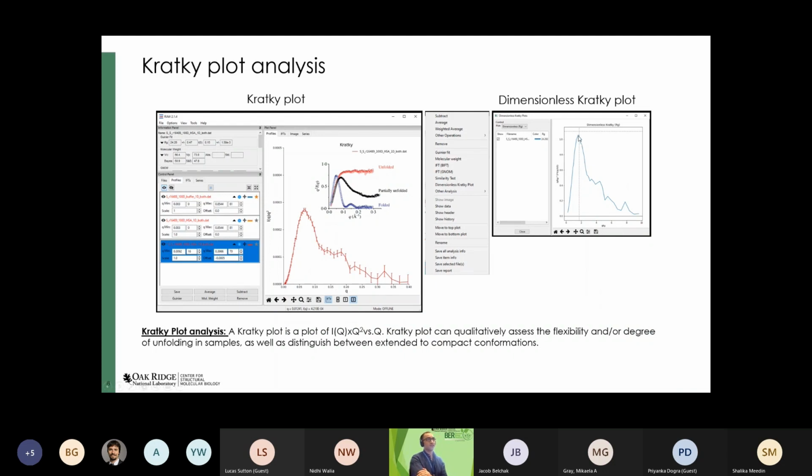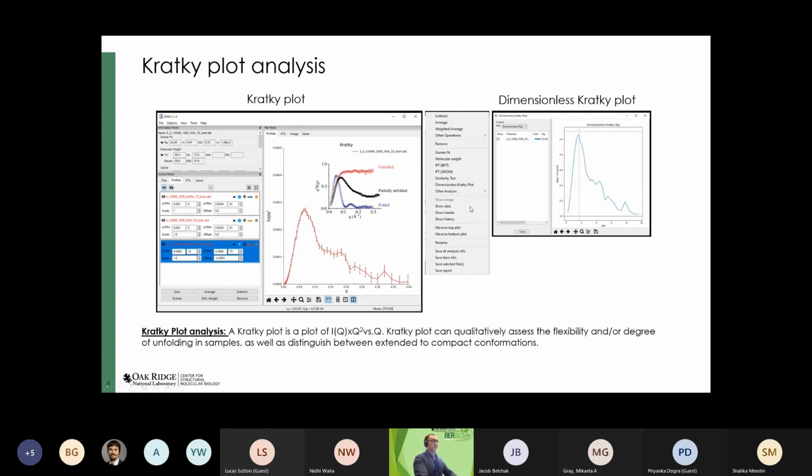And if you start having a deviation of this maximum to the right side of the plot, it means that your system becomes more flexible. That is a qualitative way to analyze your data, but it's very useful when you have different data sets and you want to compare them and see if you have conformational changes.